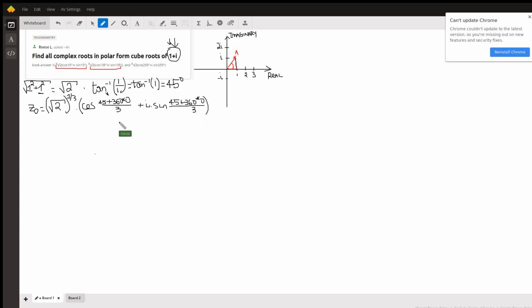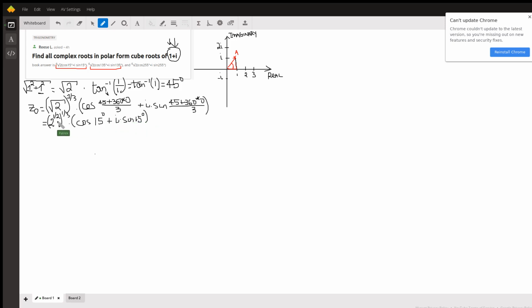If you clean that up, what is the square root of 2? That is really 2 to the 1/2. So 2 to the 1/2, to the 1/3. And then you have cosine of 45 plus 360 times 0, that's 45, over 3, that's 15. That's going to be the same angle for the sine, so sine of 15 degrees.